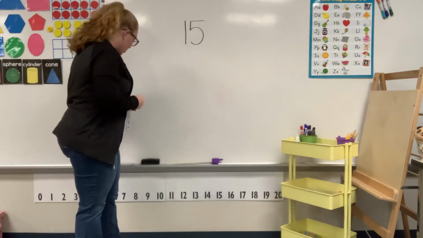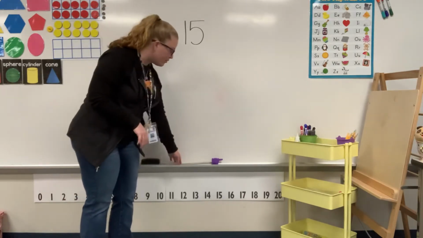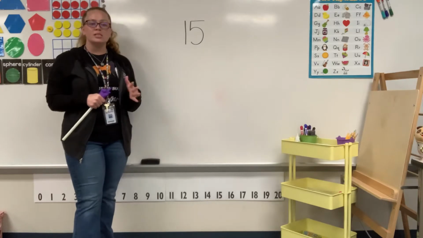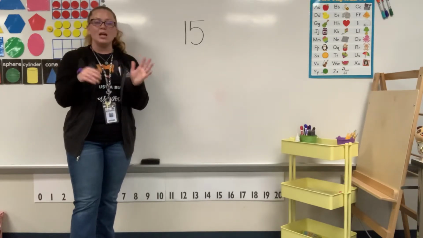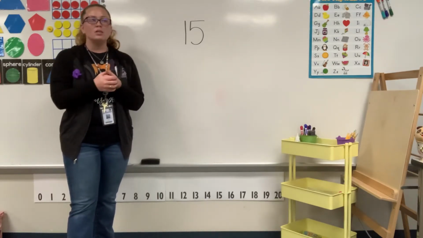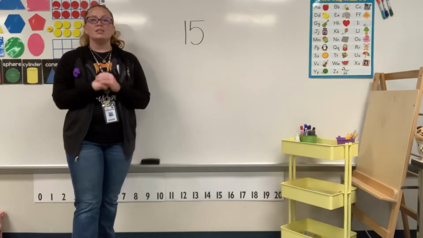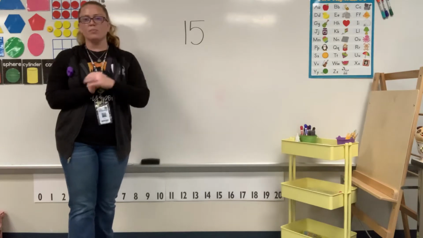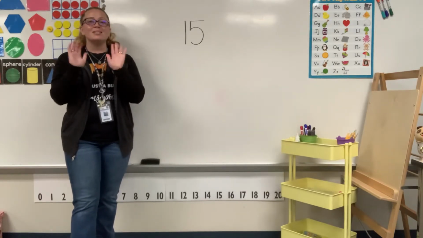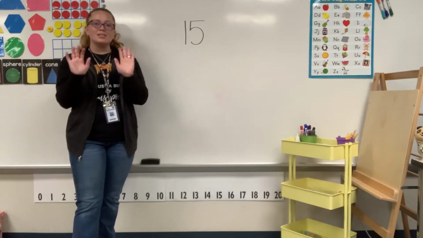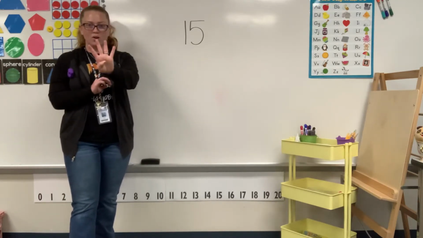Let's go down to our number line and find the number 15. Well, as we've been talking about this week, our teen numbers are a group of 10 and then some more. So 11 is 10 and then 1 more. 12 is 10 and then 2 more. 13 is 10 and then 3 more. 14 is 10 and then 4 more.